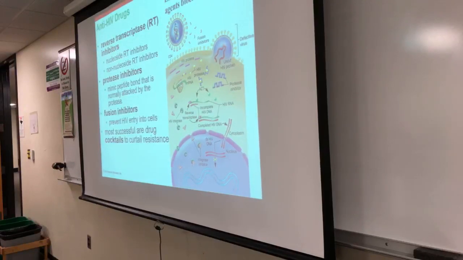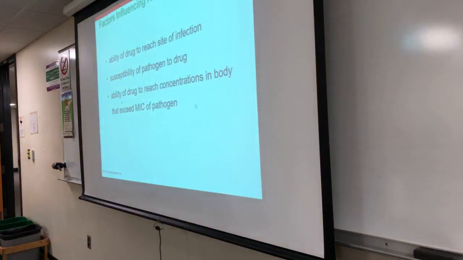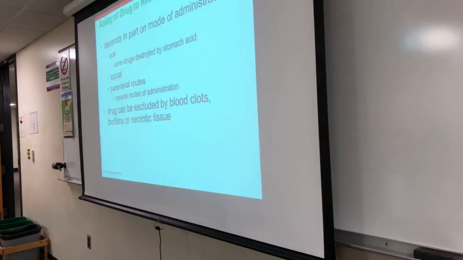You don't need to know all the different targets, but just know that antiviral drugs aren't just one drug. It's multiple drugs with multiple targets, and that's why it's really good at slowing down the viral replication. Okay, and then these are factors influencing antimicrobial drugs. This is just a list to understand.